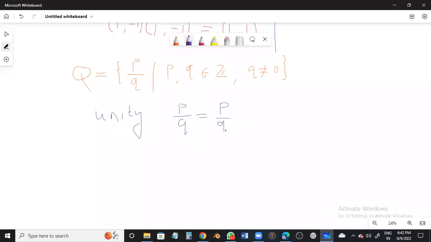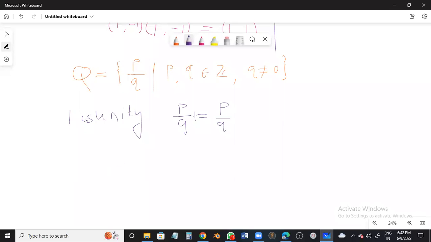It will be 1 only. Either you call it 1 upon 1 or call it 1. Followed it? So 1 is the unity in Q.